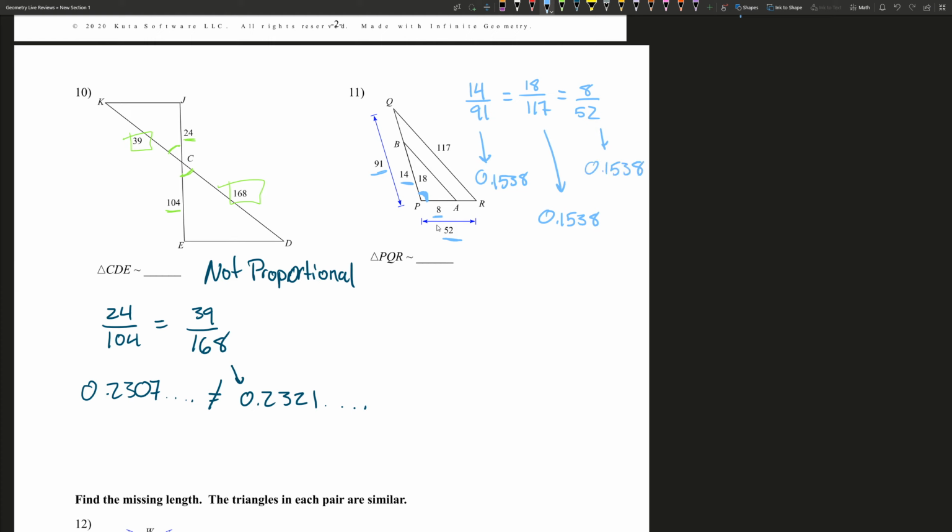And they are. So because all 3 sides of one triangle, i.e. this smaller triangle, are proportional to all 3 sides of the bigger triangle, then the triangles are similar by SSS. And PQR is similar to triangle PBA.